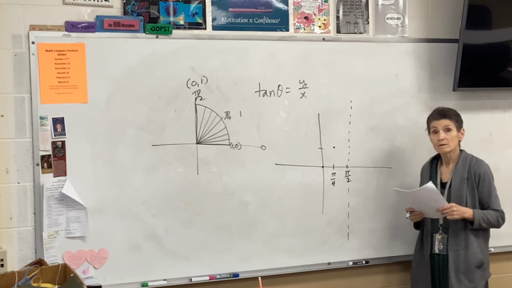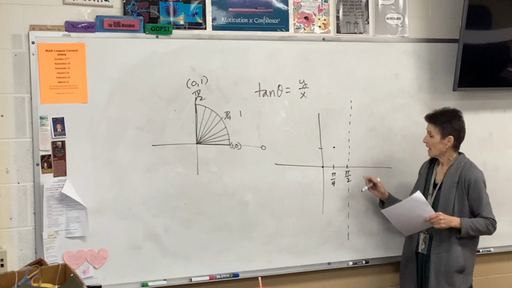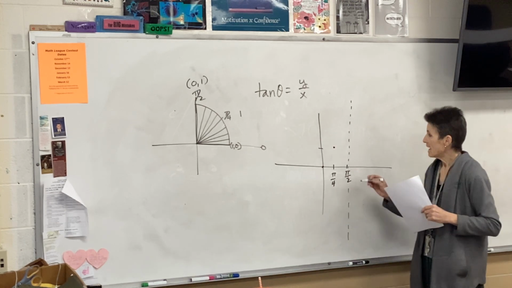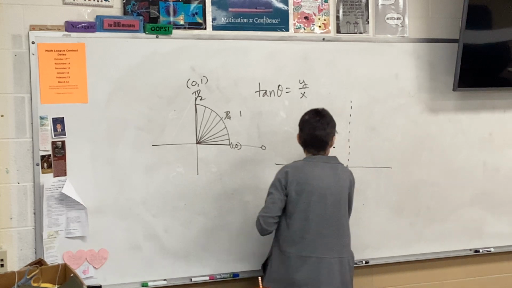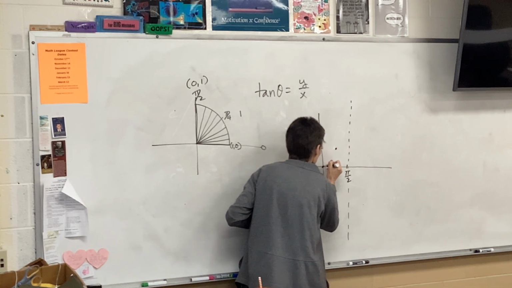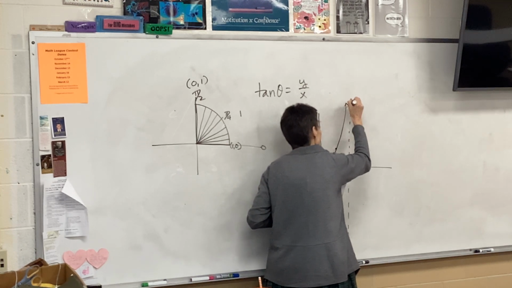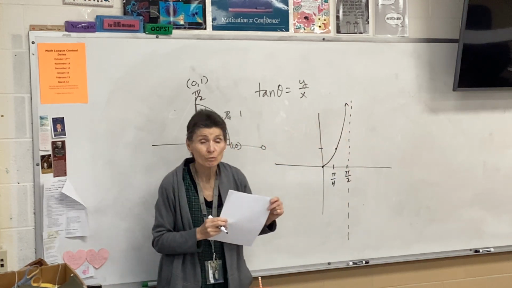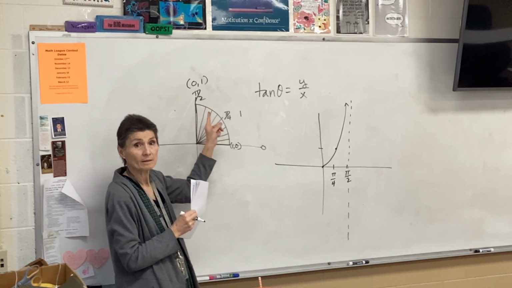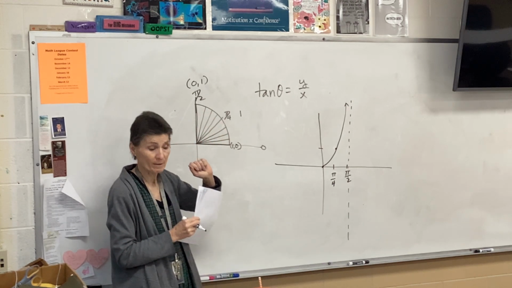So your tangent function has a vertical asymptote at pi over 2. And it is increasing, I'm going to point a little bit, it is increasing at an increasing rate.